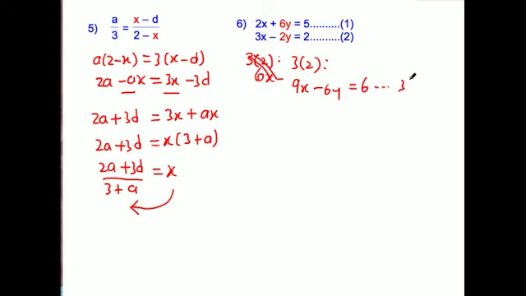Call it equation 3. Now we have a common term in 6y. We add equation 1 plus equation 3. 2x plus 9x is 11x. 6y plus minus 6y is 0. 5 plus 6 is 11, giving us x equals to 1.